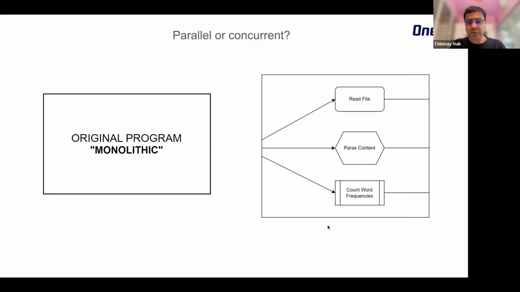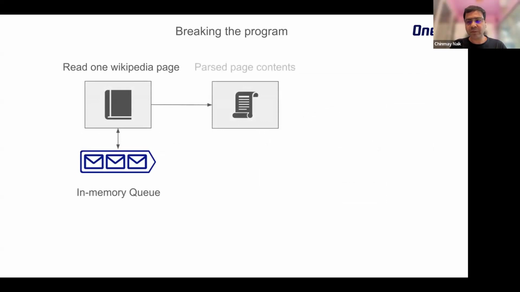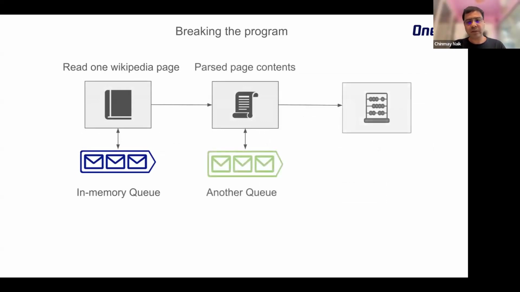We break this program down into some sort of a pipeline, a data pipeline, where you read the page, you maybe use some sort of an in-memory queue with a producer-consumer pattern, where you would parse the page, and you would have another goroutine or some sort of a thread to be able to count this.